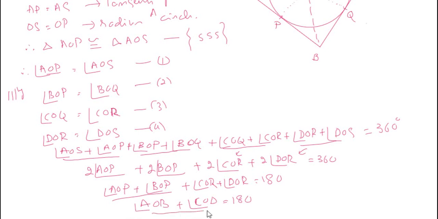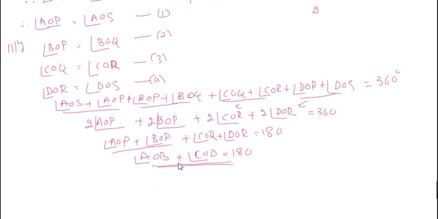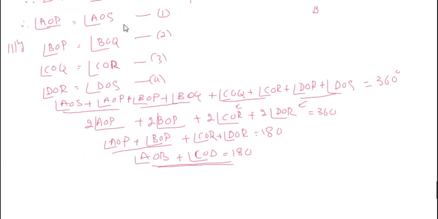This is what we need to prove. If AOB plus COD equal to 180 degree, then the other set of two angles, angle AOD plus angle BOC is 360 minus 180, it is also 180 degree.